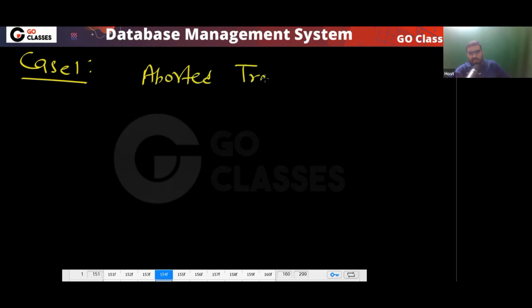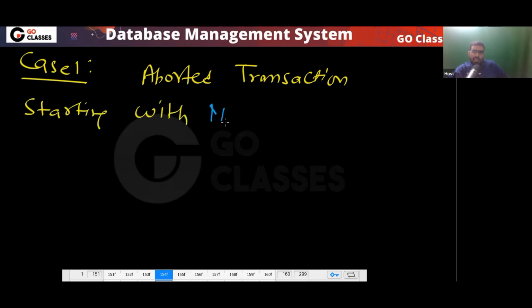So very simple, there are two cases. Case one: the rolled back, or aborted, transaction starts with a new, latest timestamp.